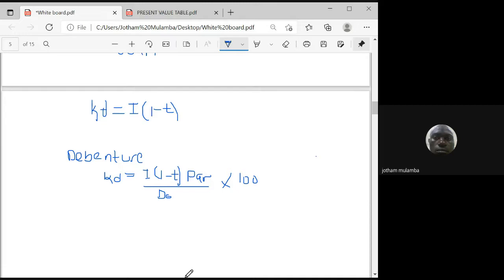When you say at a premium, it means the additional shares we want to sell, we sell at a higher rate, let's say 12 shillings, than the market rate or the face value.